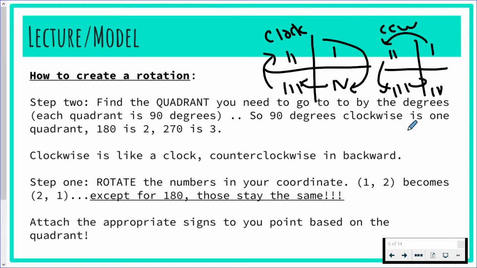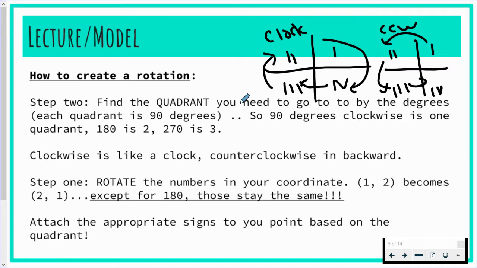You are going to rotate the numbers in your coordinate. If the point was (1, 2), it then becomes (2, 1), except for when it's 180. At 180, the numbers stay the same. So you switch the numbers if it's 90 or 270, and if it's 180, they stay the same.